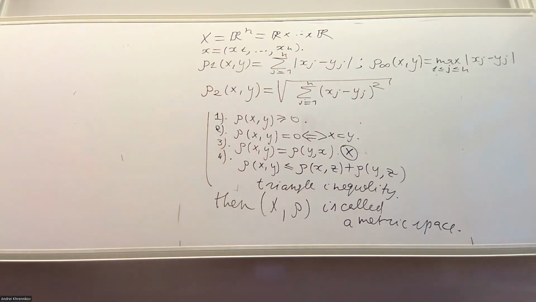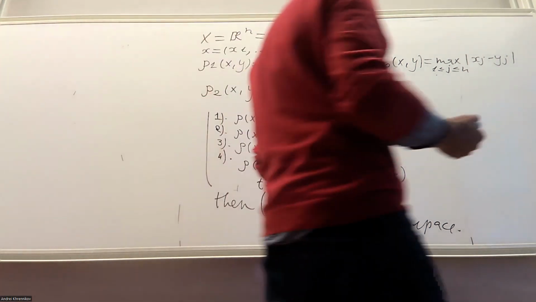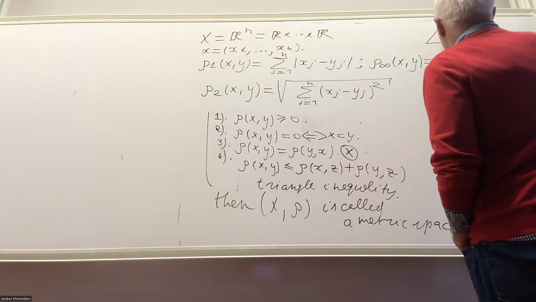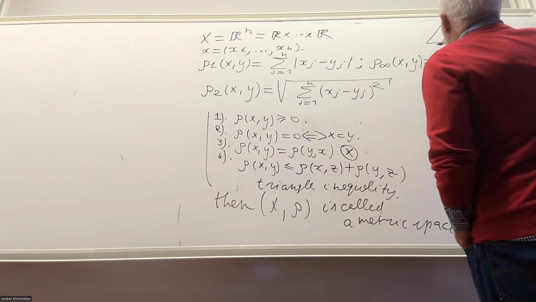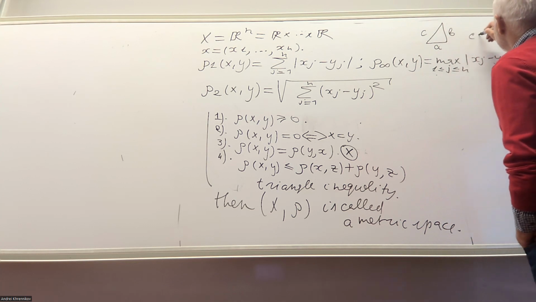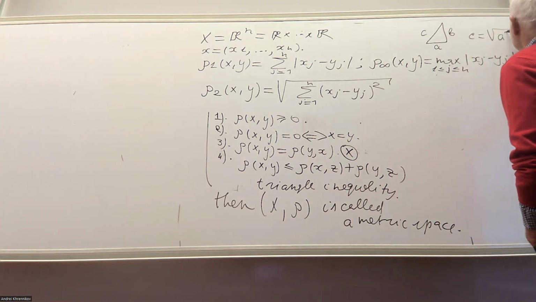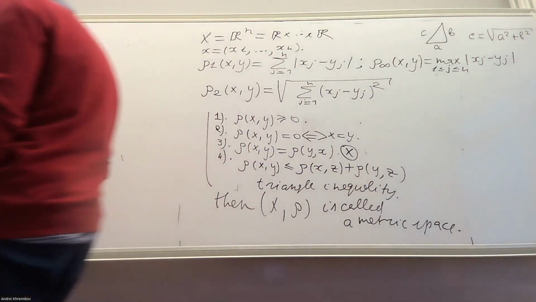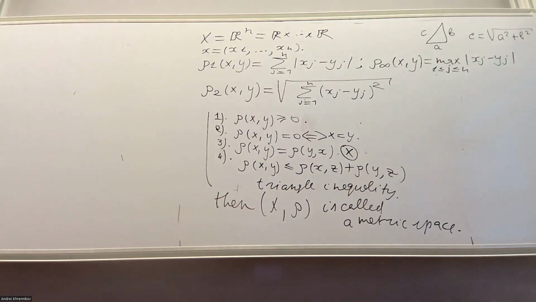When we are on the plane, it's just that the hypotenuse squared is equal to the sum of squares of the cathets. It is called Euclidean distance. Of course, Euclid never introduced it, but it's more or less his geometry. So if this is A, this is B, this is C, then C is equal to the square root of A squared plus B squared. So it is a multi-dimensional generalization of the Pythagorean theorem.